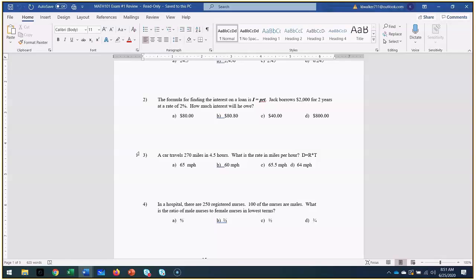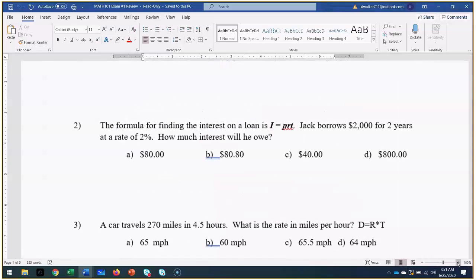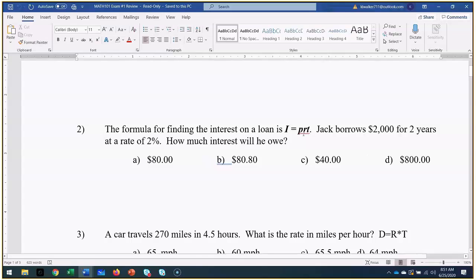If you're not familiar with the formula, let me talk about this real quick. I think the only thing that trips people up is how to work with this formula. So this P is called the principal, and what that means is how much the loan is for.